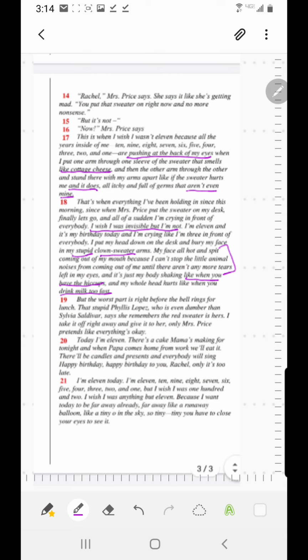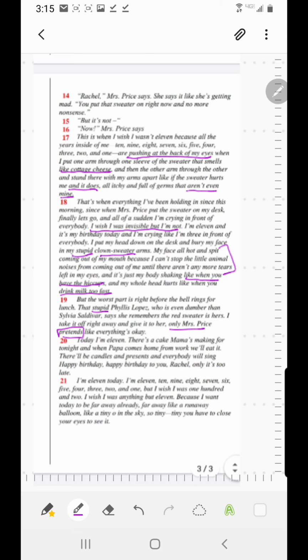So in this moment, we don't know if Phyllis Lopez really is a bully or if she's mean. Because maybe Phyllis saw her crying and decided to say that sweater is mine. Maybe Phyllis feels sorry for her, or maybe she just didn't really notice that the sweater was hers, right?